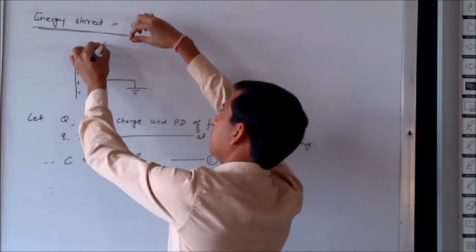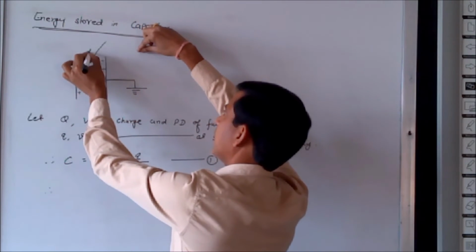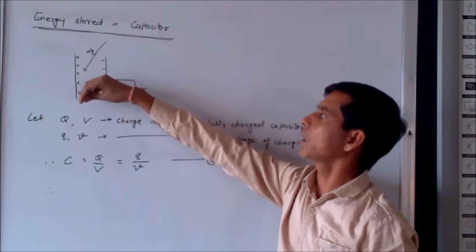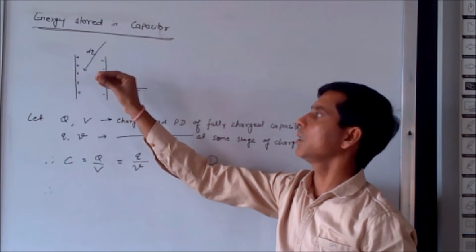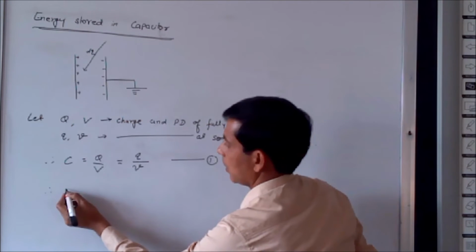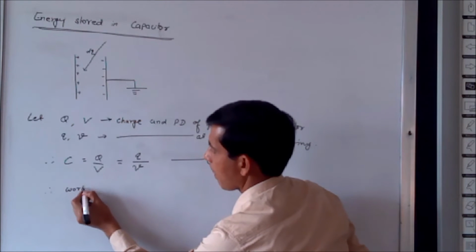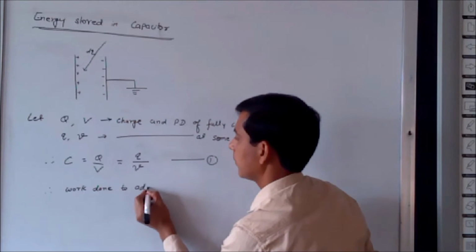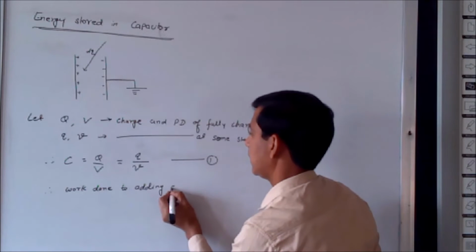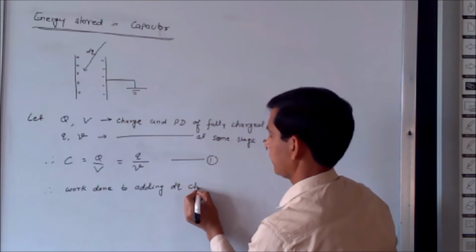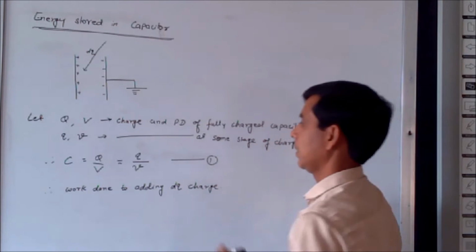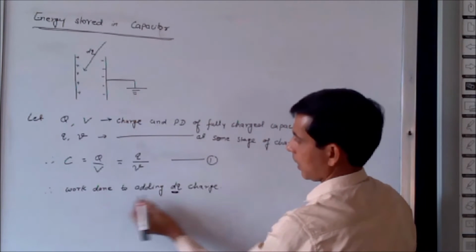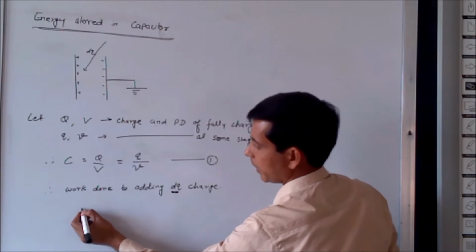Now, when dq charge is given to the capacitor, we calculate what amount of work is to be done. Work done in adding dq charge. For small charge, small work is to be done.